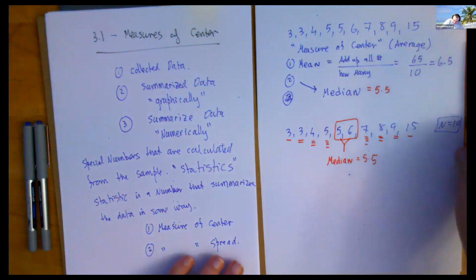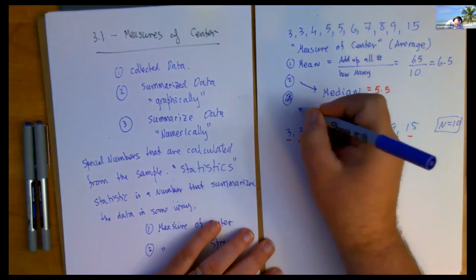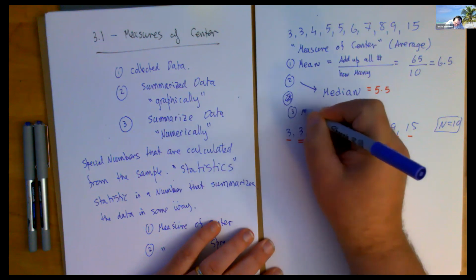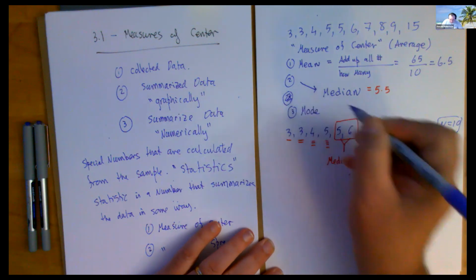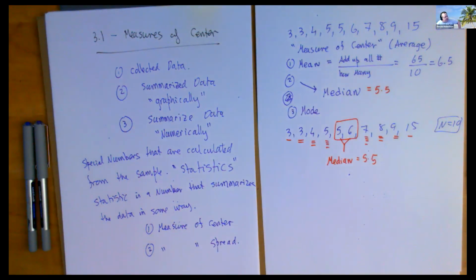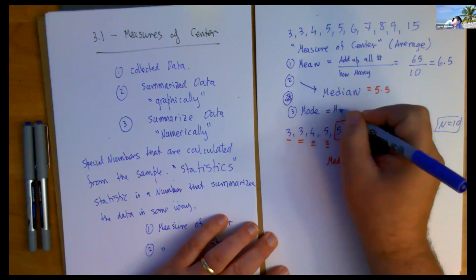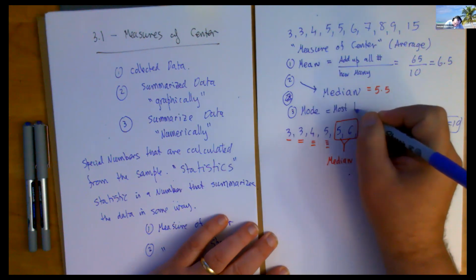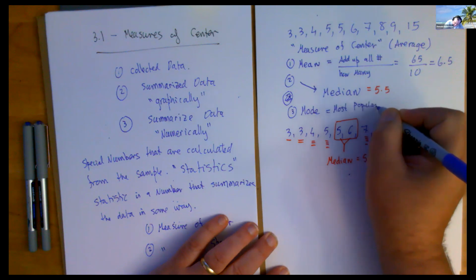Now, the third one, I am only going to give you a glancing description of it, because virtually nobody uses it, but I'm putting it in for completeness' sake. And it's called the mode. And the mode is the most popular answer.